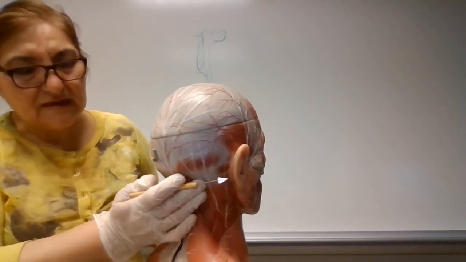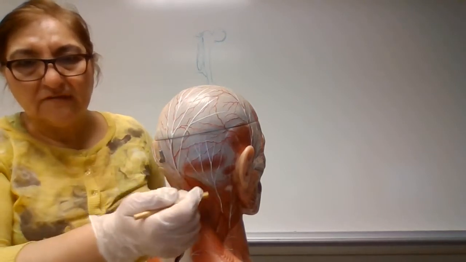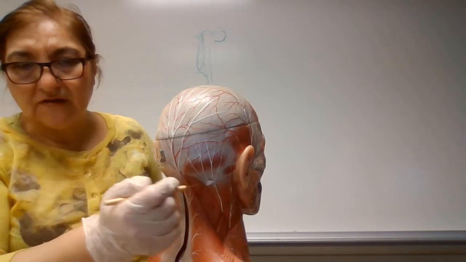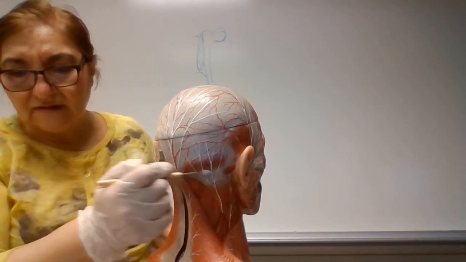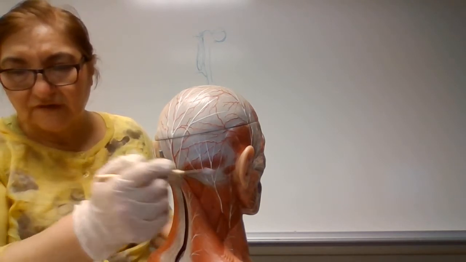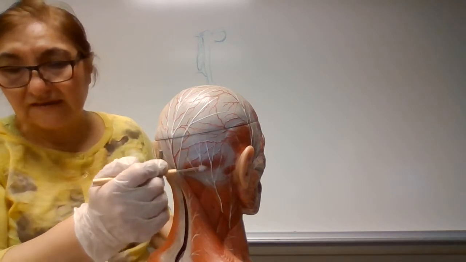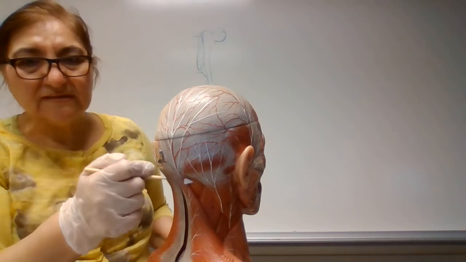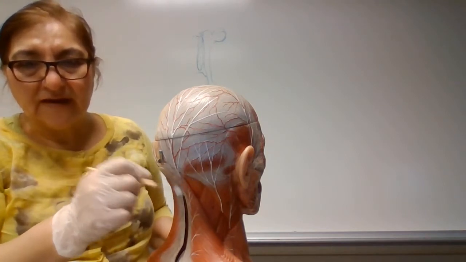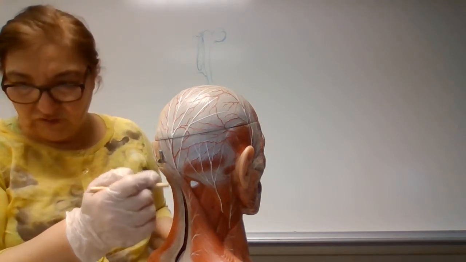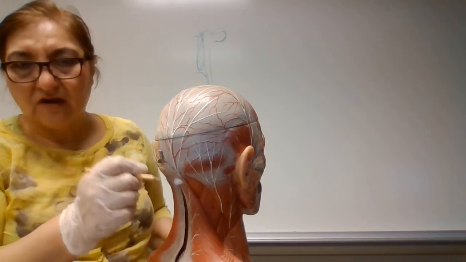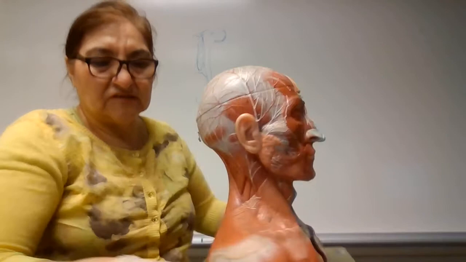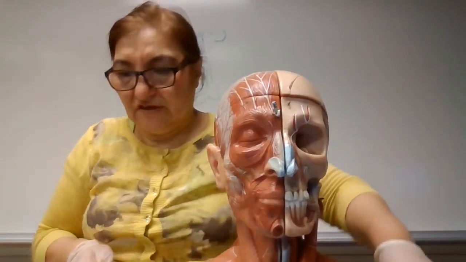Remember, the occipital bone has a superior nuchal line and an inferior nuchal line. The origin is the superior nuchal line of the occipital bone. The insertion is the galea aponeurosis. The action is to draw the scalp back. And the nerve is the facial nerve.